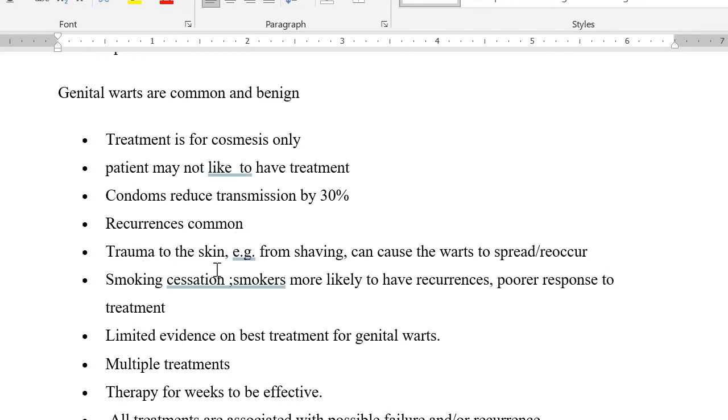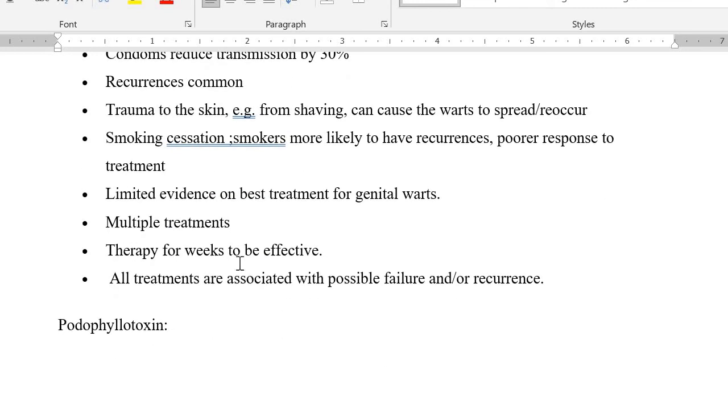Trauma to the skin, for example from shaving, can cause the warts to spread or reoccur. Smoking cessation is important. Smokers are more likely to have recurrence and poorer response to treatment, and there is limited evidence on the best treatment for genital warts. So these patients may require multiple treatments, and multiple modalities are available, and the therapy can be given for weeks to be effective.